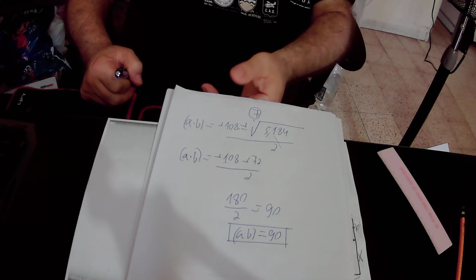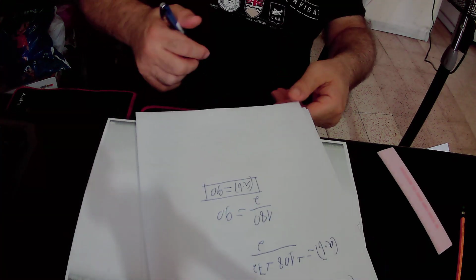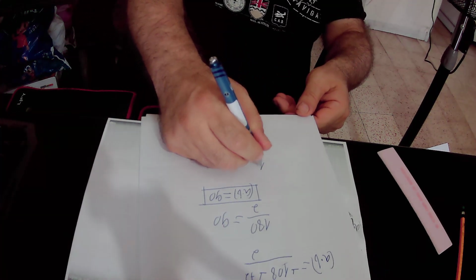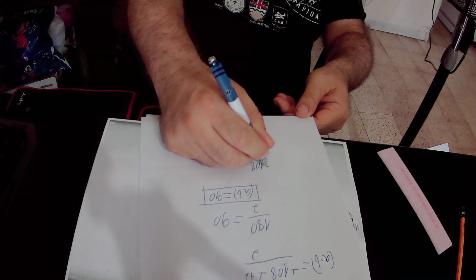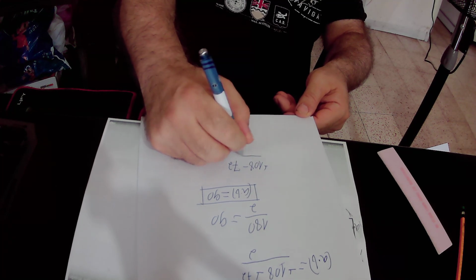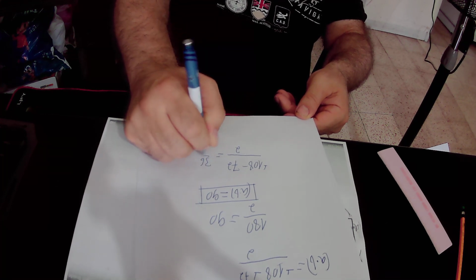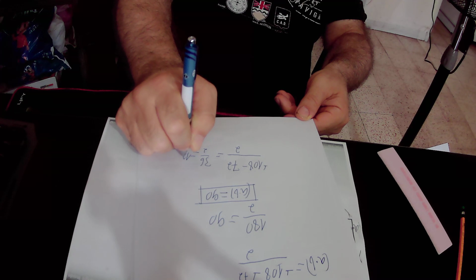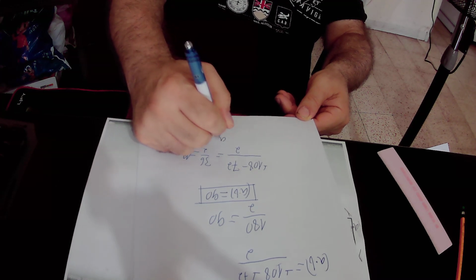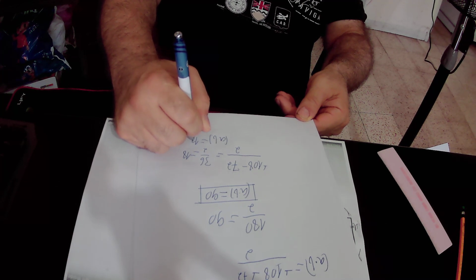But we have to consider also the second answer, that is 108 minus 72 divided by 2, which equals 36 divided by 2 equals 18. So the second answer is 18 units.